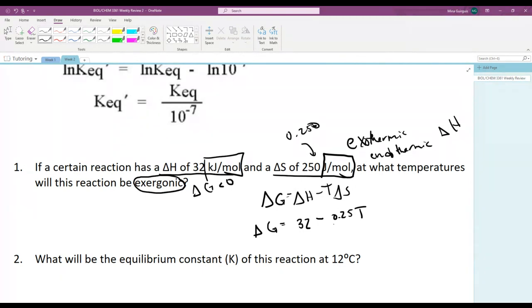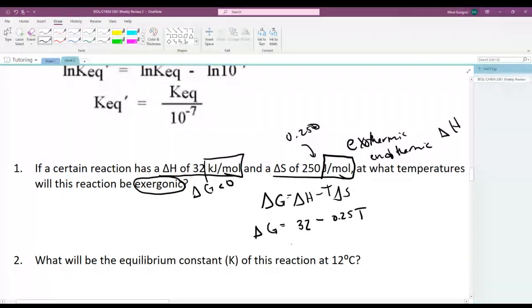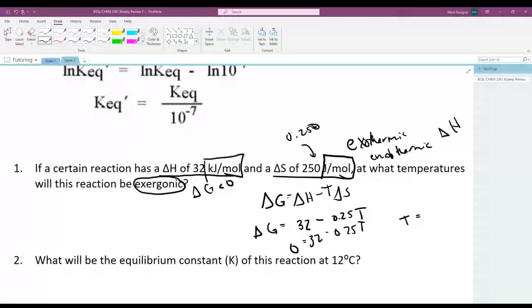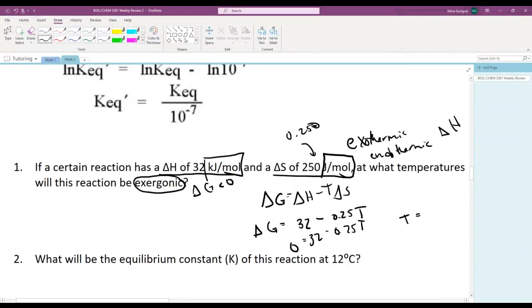In order to do that, we need to know when G equals 0. So I'm going to set delta G equal to 0. So 0 equals 32 minus 0.25 T. We're going to add and solve, and we're going to end up getting that T equals 128.